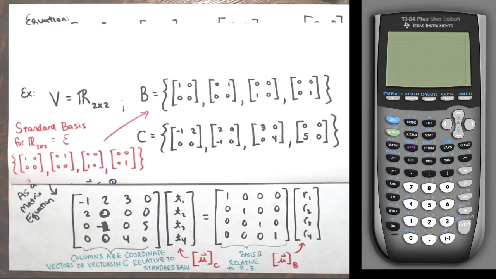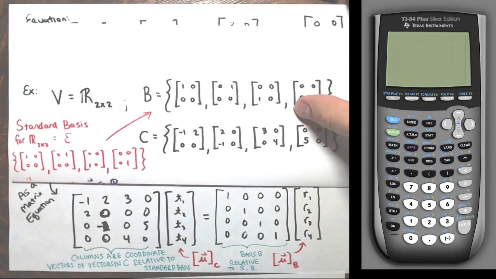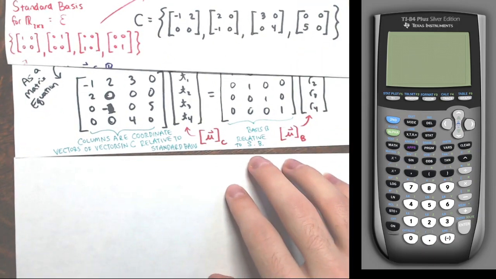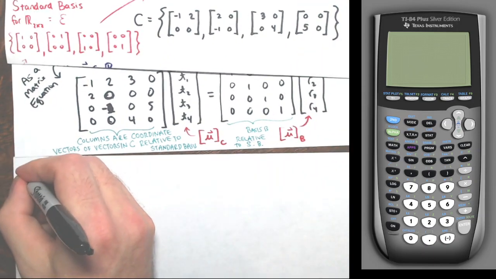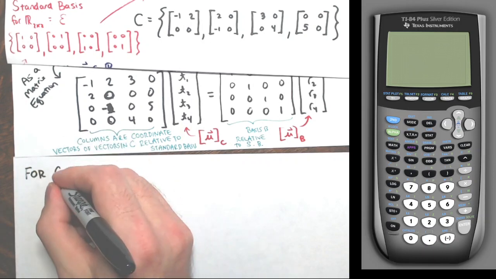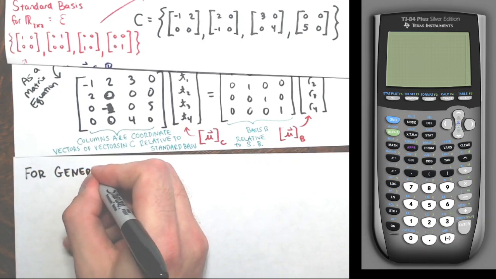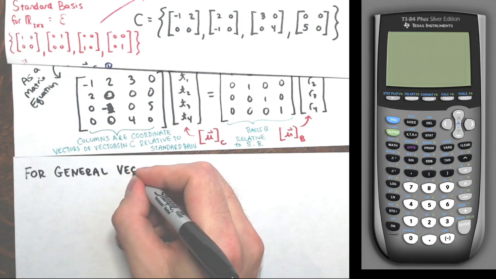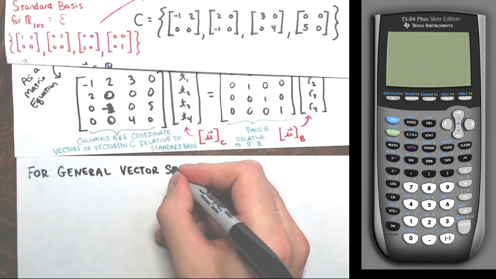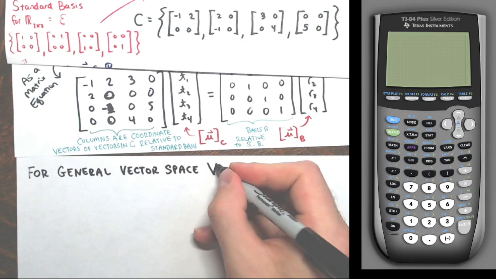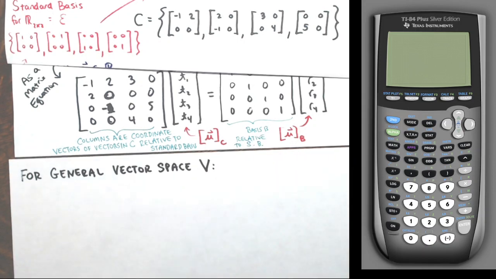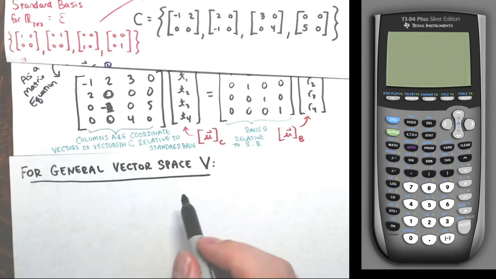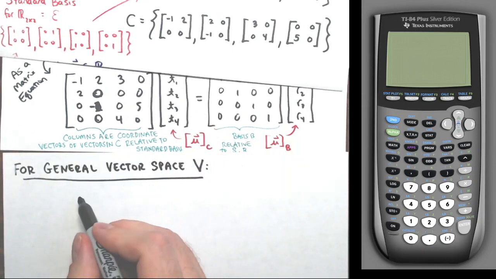All right, and then so in general, like I did with Rn. So in a general vector space V, with bases B and C, we'd be able to set up this equation.